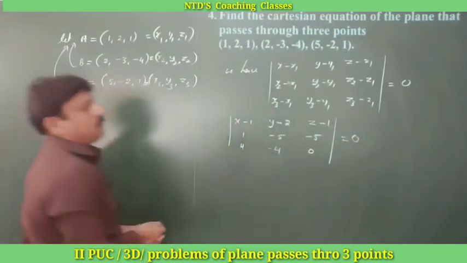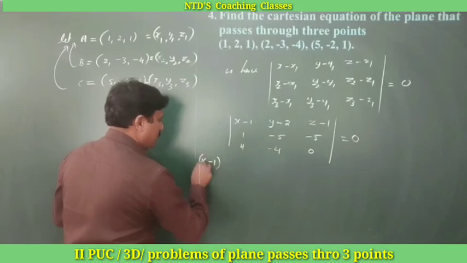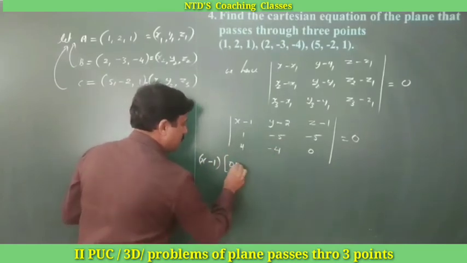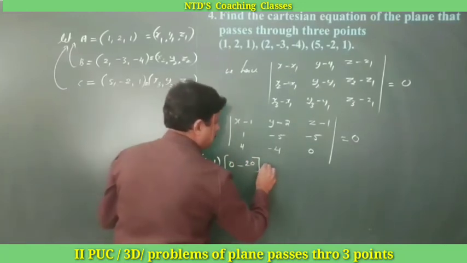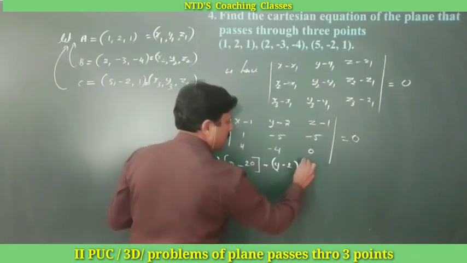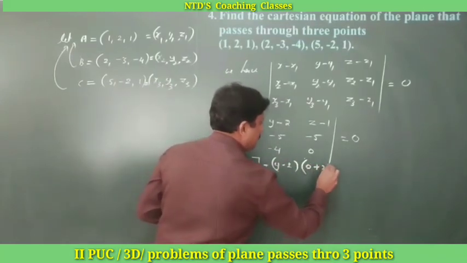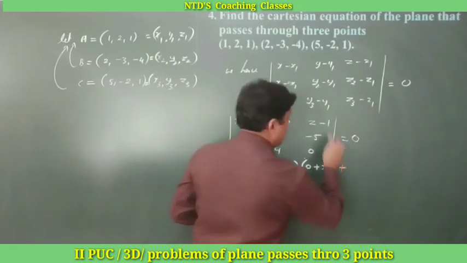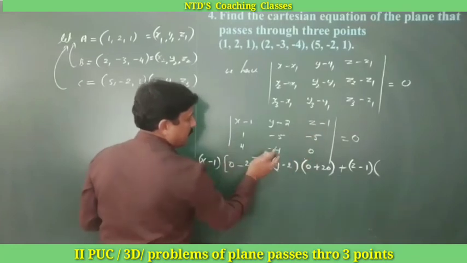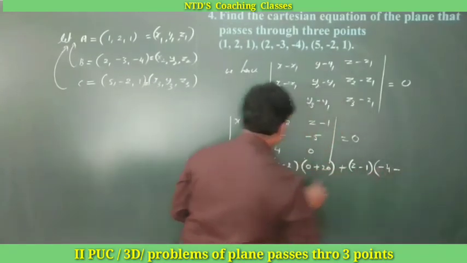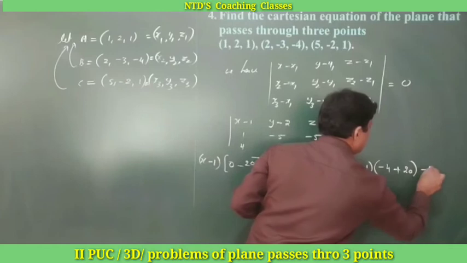Determinant equals 0. Expansion: first row, x minus 1 into 0, minus into minus plus 20. Minus of y minus 2, put a bracket, 1 into 0, 0, minus into minus plus 20. Plus z minus 1 into third column closed, remaining minus 4, minus into minus plus 5 4s are 20 equals 0.